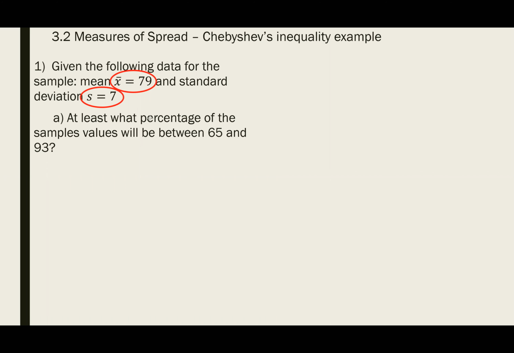They don't mention anything about bell-shape, so we cannot use the empirical rule. Your empirical rule strictly can only apply if you have a symmetric, bell-shaped curve. If they don't have a bell-shaped curve, we cannot use the empirical rule. So since they don't mention it, we have to use the Chebyshev inequality.